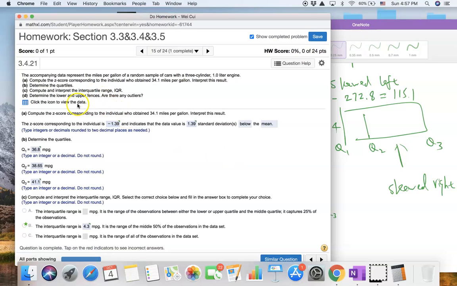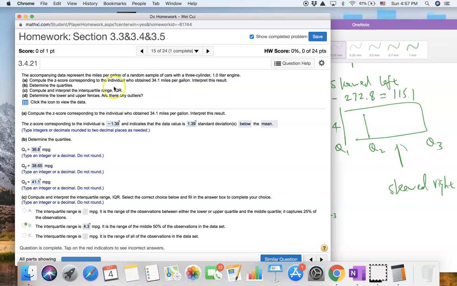Okay. All right. So for number 15, the company data represented the miles per gallon of a random sample of cars with a 3-cylinder 1.0 liter engine. Compute the z-score corresponding to the individual who obtained 34.1 miles per gallon.